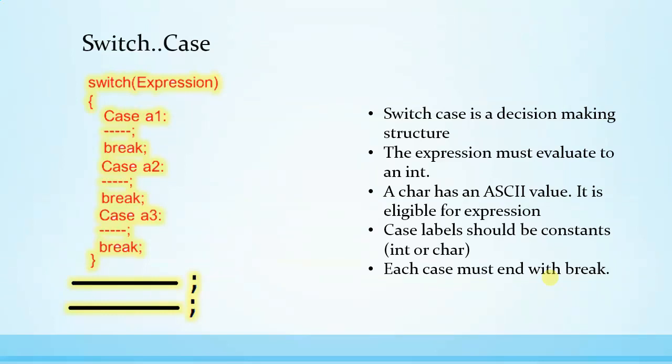The program flow occurs like this. First it comes to the switch statement, then it looks at the expression. The expression, as already told, is an integer or a number simply. Since I'm saying it's a number, it can be a character. A character can be translated into an ASCII equivalent, so there is a relevant number to that.